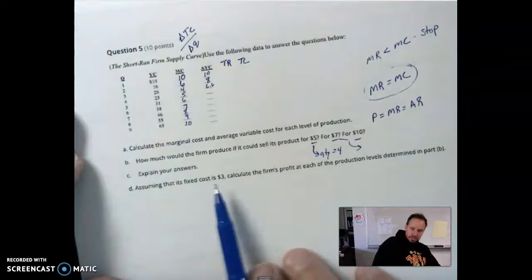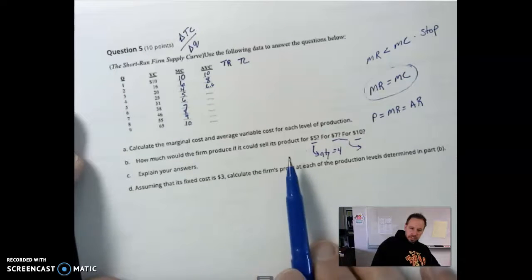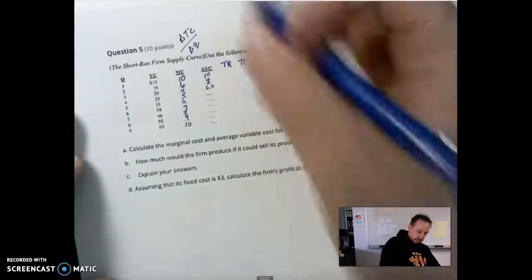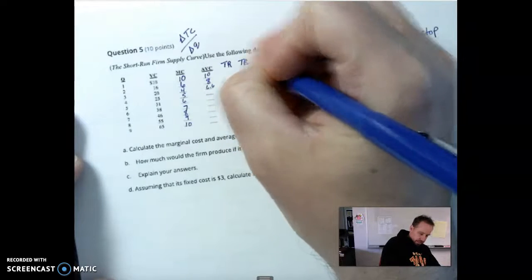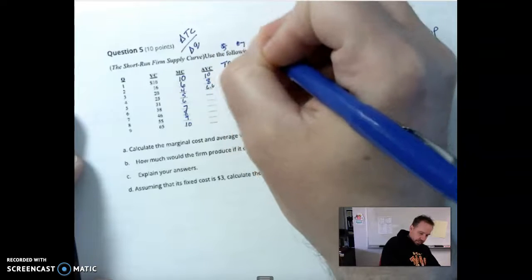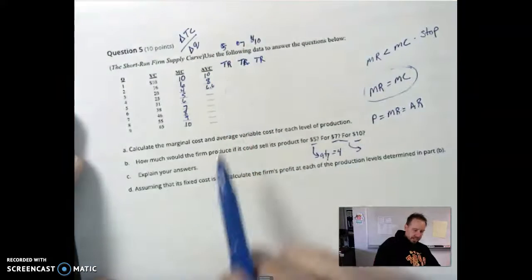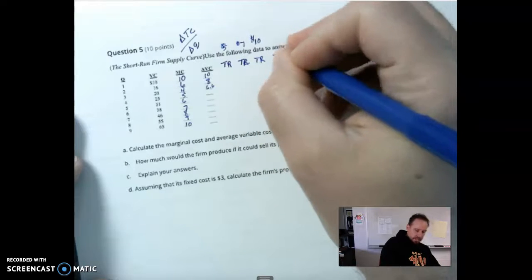So assuming each production level as determined in part B, we have to do it a couple times. So we're going to go total revenue, and you can go at 5, at 7, and at 10. And our total costs are not going to change.